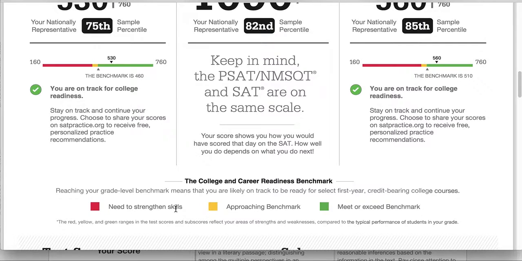It's assuming that you're going to stick with school throughout the rest of the year and then the next year as well as a senior, and it's estimating based on your performance that you would need to improve, study harder, perhaps get some extra help after school or from your teachers. And then if you're in the yellow, you still want to do a little bit better. This is, again, approaching the estimated benchmark of a passing grade.